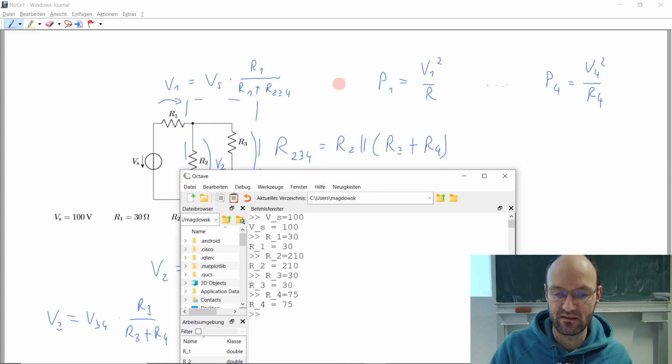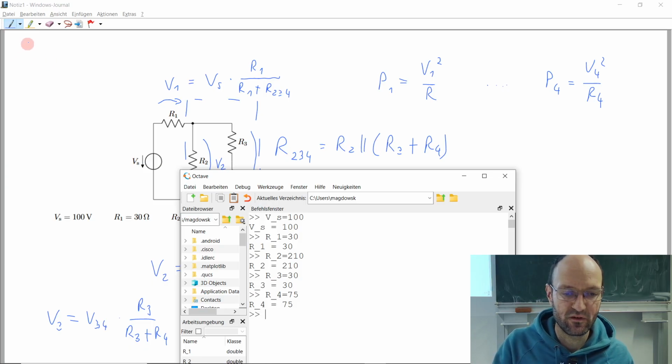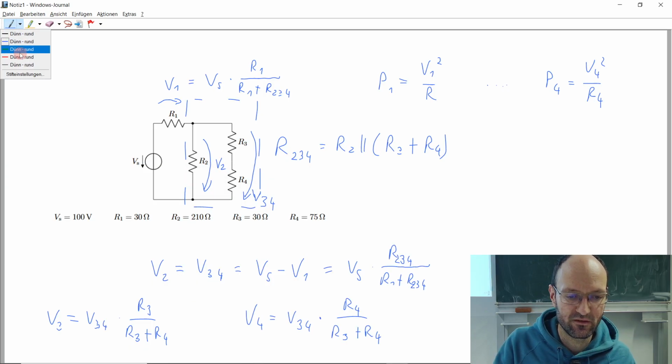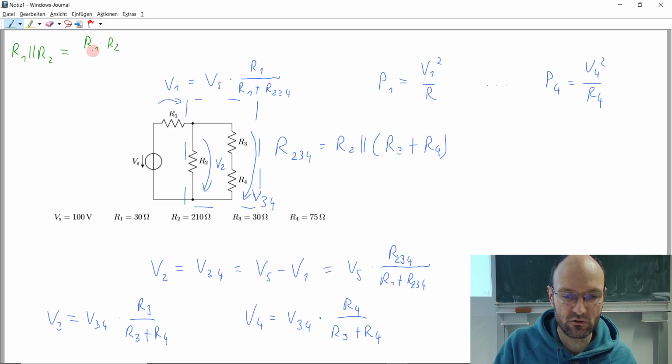How at the end do we calculate this parallel circuit? If I have something like R1 in parallel to R2, how can I calculate this? Yeah, the product of the two divided by the sum, right?